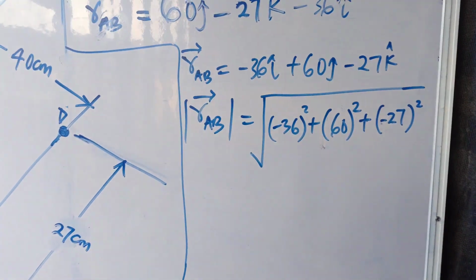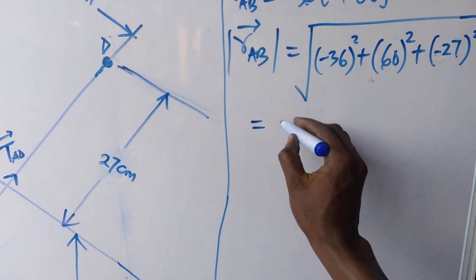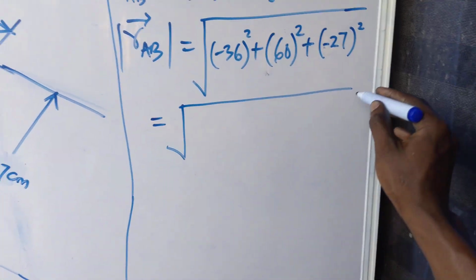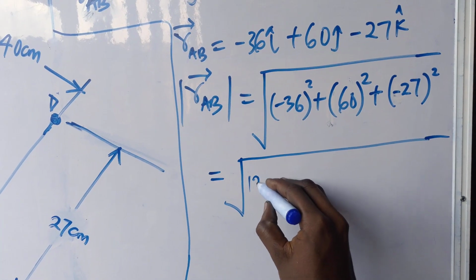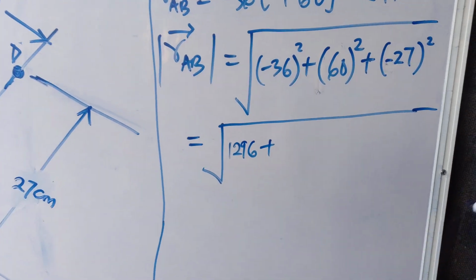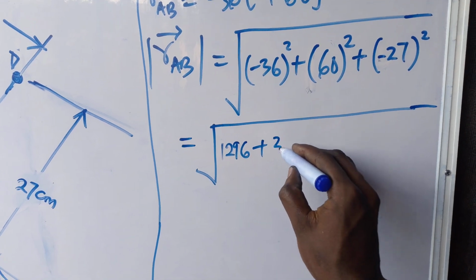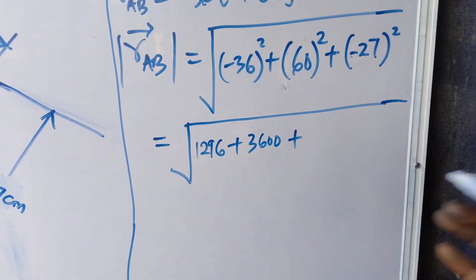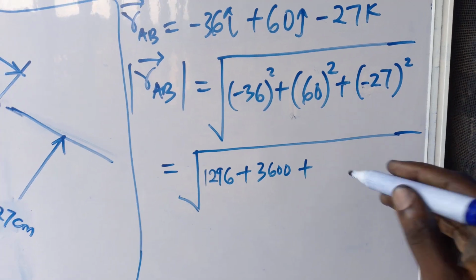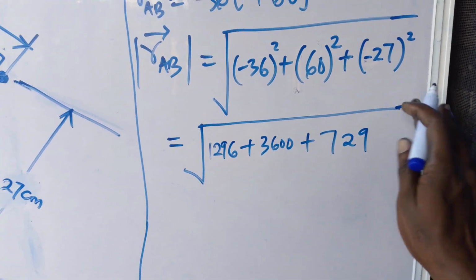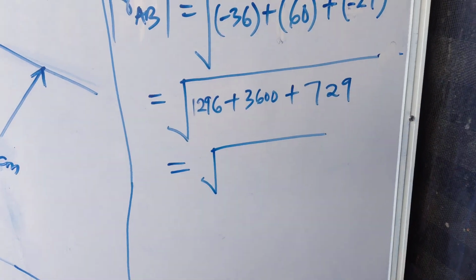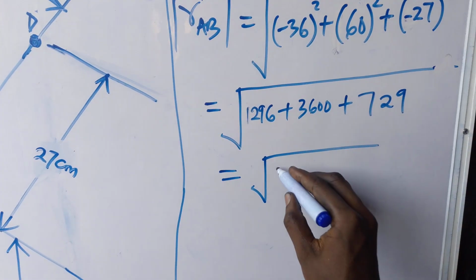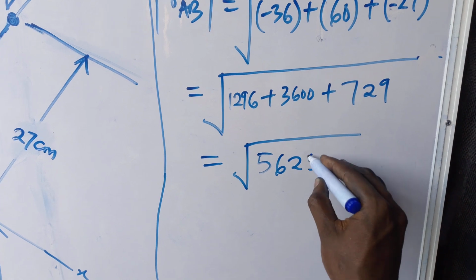Alright, so this now equals the square root of 1296 plus 60 squared, which gives 3600, plus 27 squared, which gives 729. So when I add it now, I'll have the square root of 5625.